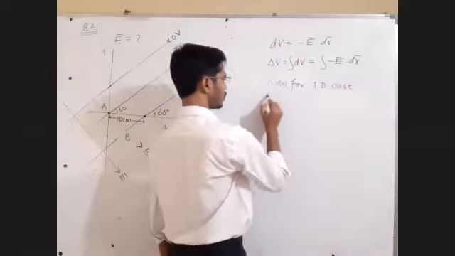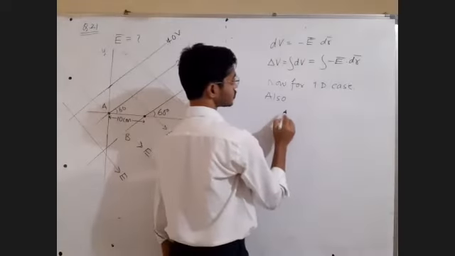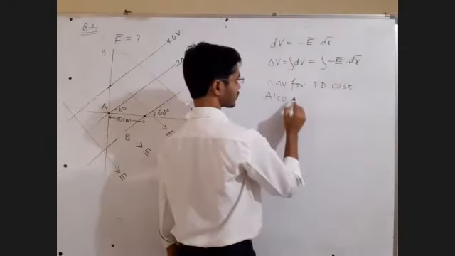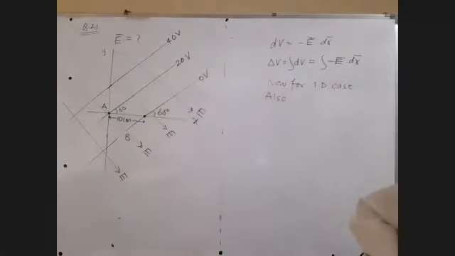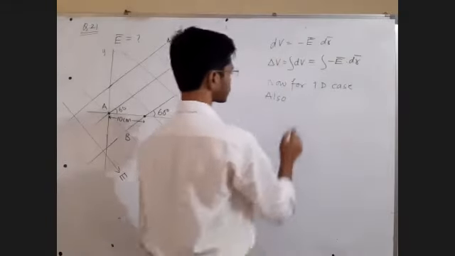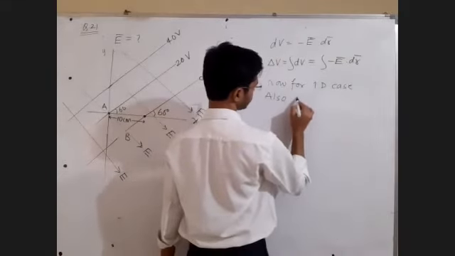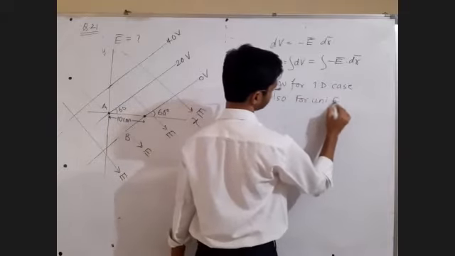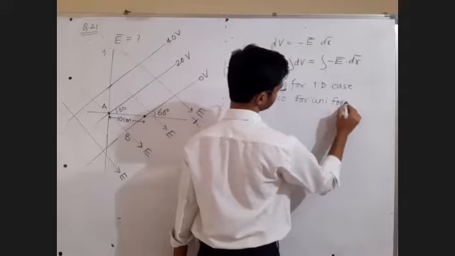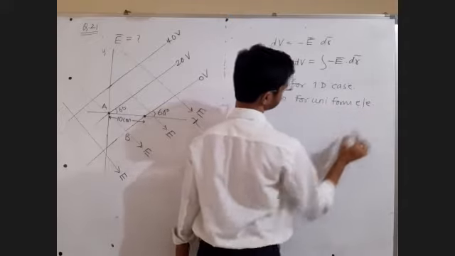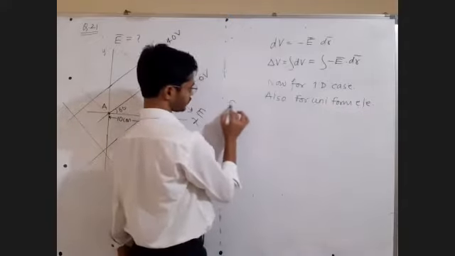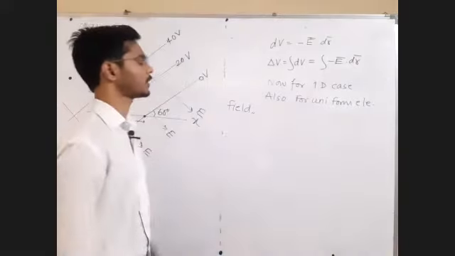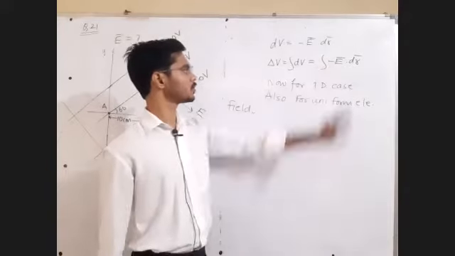Also it's a uniform electric field. Try to understand, for a uniform electric field, this E bar is basically going to be constant.